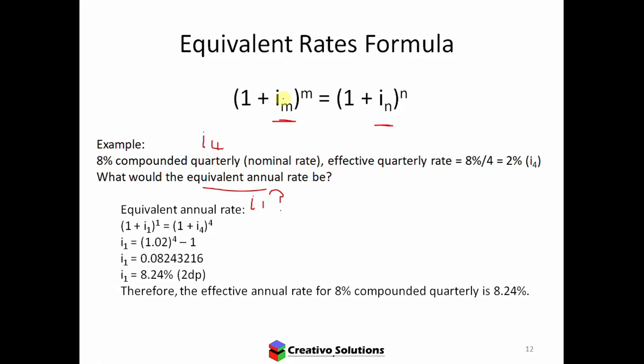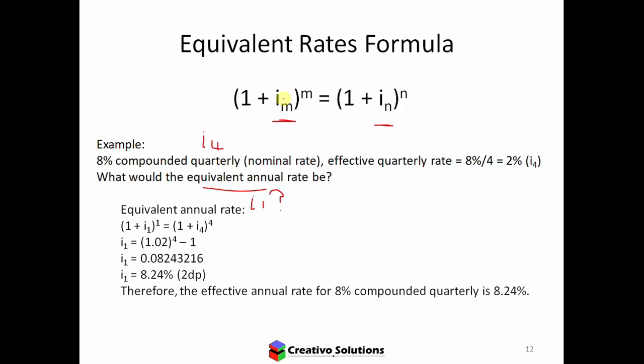And then it's just a matter of applying basic arithmetic. You're going to be solving for I1. So if you take everything to one side and leave I1 as the subject of your equation, you're ultimately going to get 8.24%.